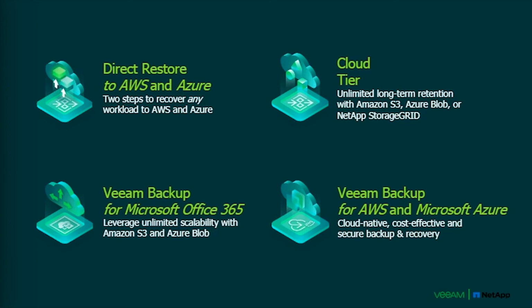You can leverage any cloud native S3 or Azure Blob. So you could protect your Office 365 not only in Azure, but also Amazon S3, and also supported, of course, is an on-prem solution like NetApp's StorageGRID, if you want to bring your software as a service data protection back on-prem as well.